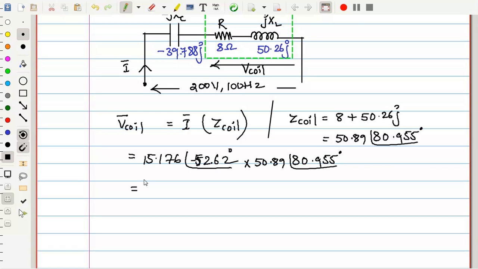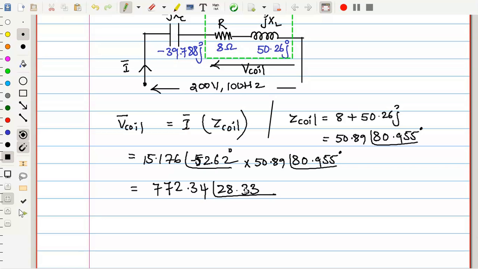15.176 at an angle of minus 52.62 into the impedance. I got 772.34 at an angle of 28.33.